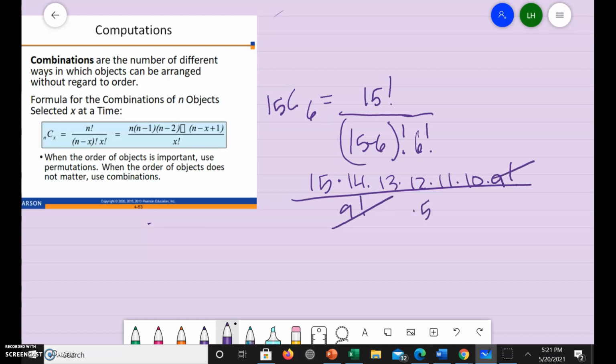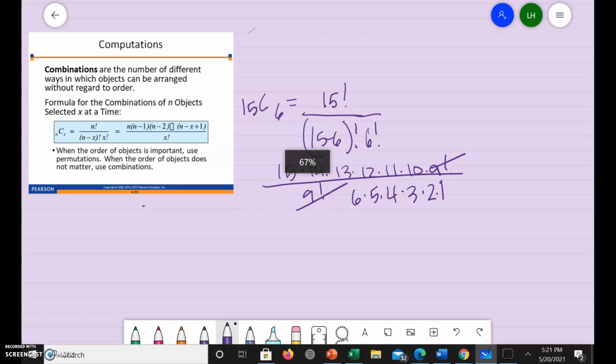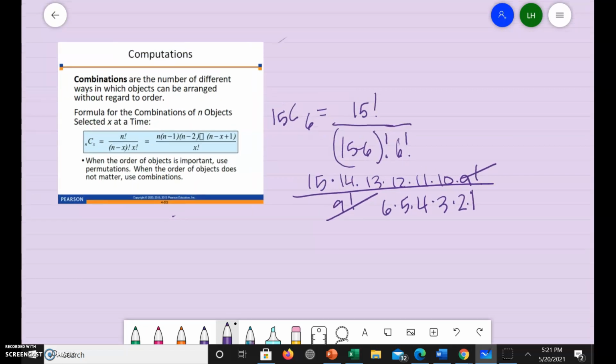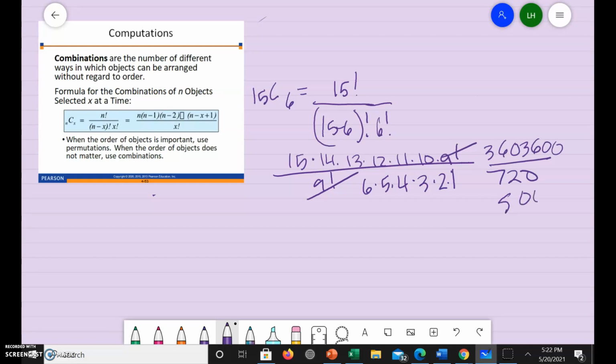And then 6 times 5 times 4 times 3 times 2 times 1. So on the bottom, that's going to be 720. And then the top, I'm going to pause it and plug that in. Okay, and you'll get 5,005. So that is for the men. That's the total number of groups of men.